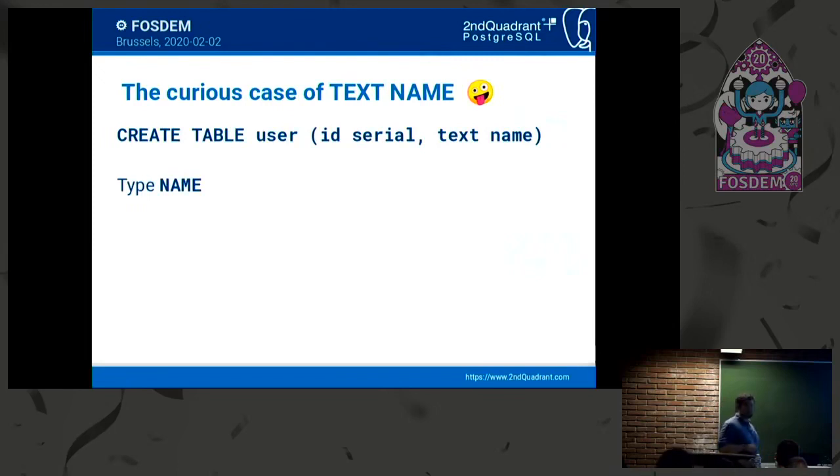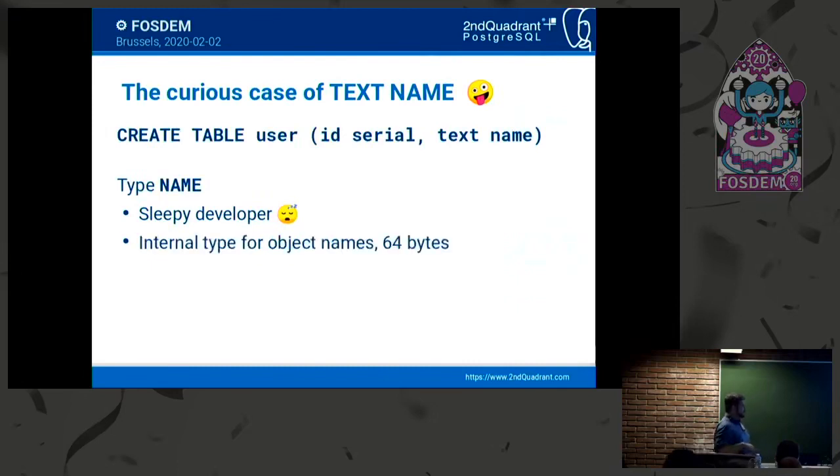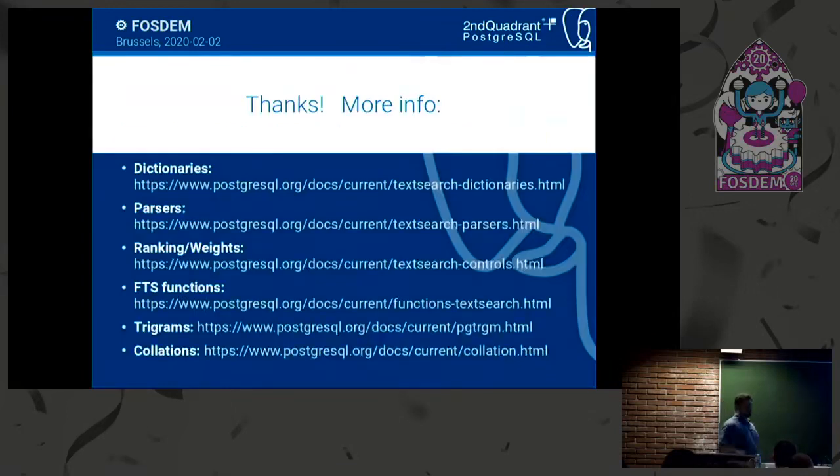It appears to work fine, but it looks like instead of typing in name text, so the column named name of type text, they typed column named text of type name. And that is an internal type that will actually store strings, but it will only store up to 64 bytes. So you'll have nasty surprises if you use type name for your text. So don't be sleepy when you're creating tables. Thank you very much.